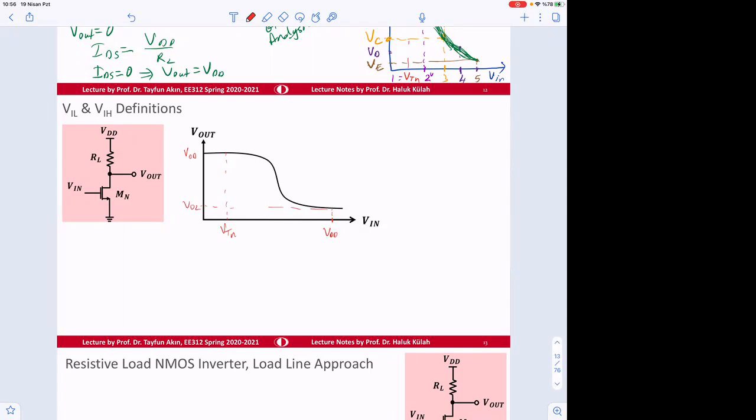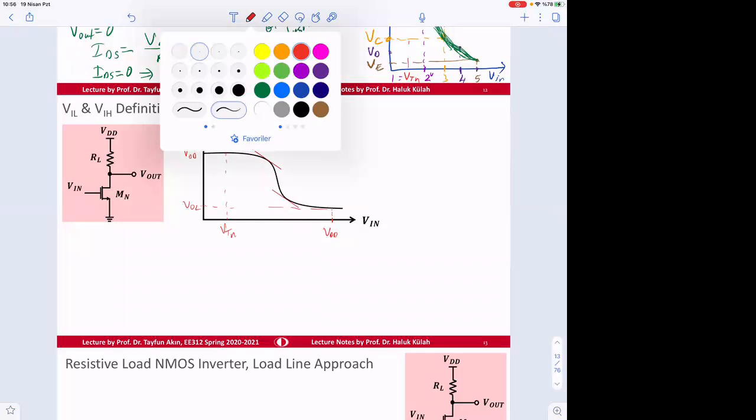Input high and input low is in fact determined as the value here where the slope is -1.